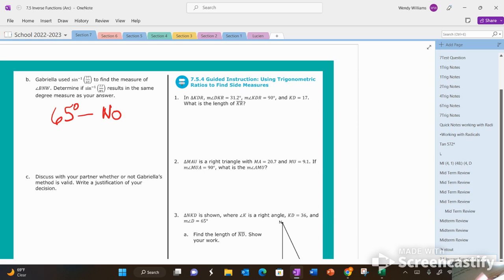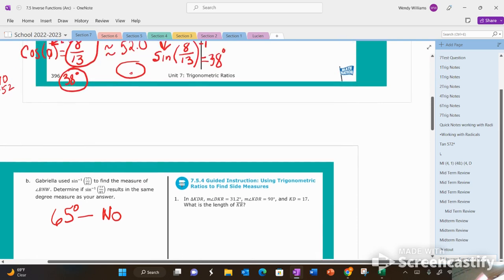77 over 85. Wonder where they got 77 over 85.